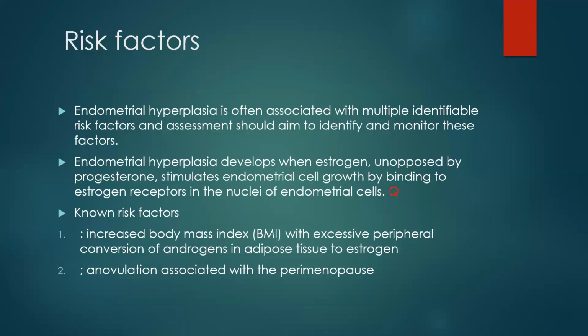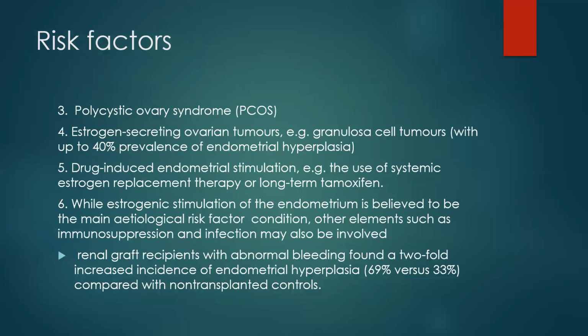Known risk factors are increased body mass index, with excessive peripheral conversion of androgen in adipose tissue to estrogen. So the main cause is an excess of estrogen in the body, whether from increased BMI, medication, or anovulation associated with perimenopause, because there is also no progesterone surge, or polycystic ovarian disease.